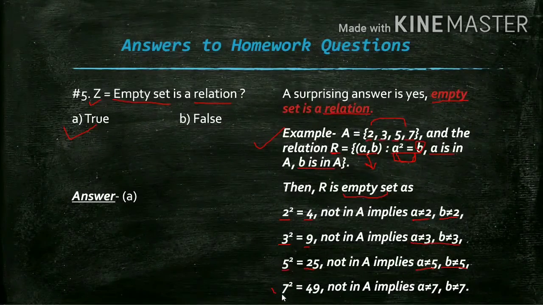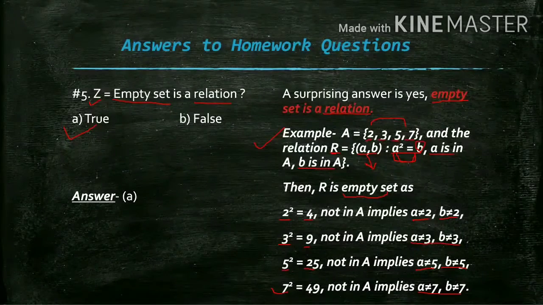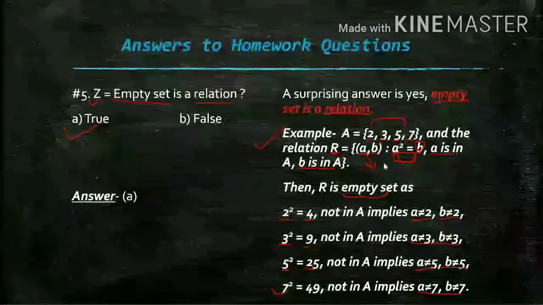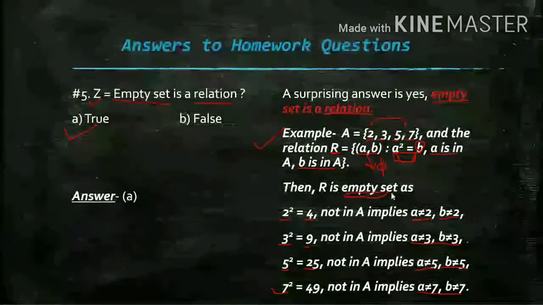And similarly the last element 7, its square is 49, which is also not in A. So a can't be 7 and b can't be 7. So that means a and b can't take any of the values of this set. So there is no element in the set, and we denote it like this, phi. So R is phi, that means it is the empty set. This is true.